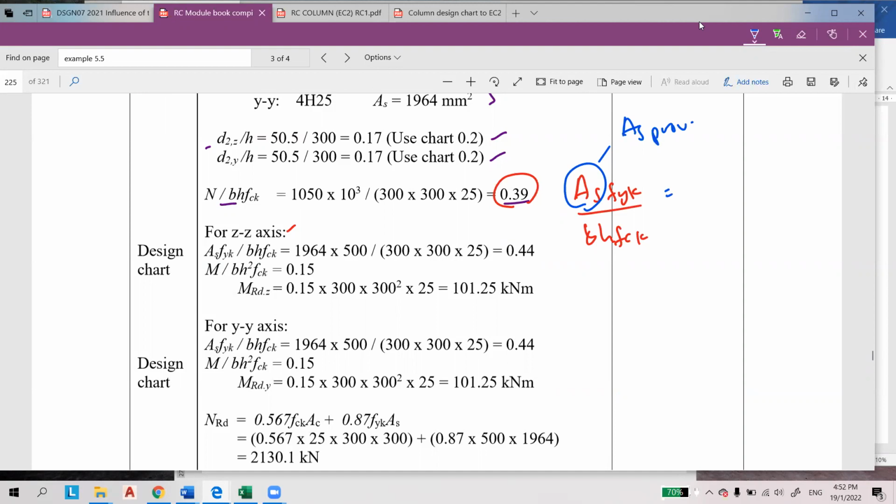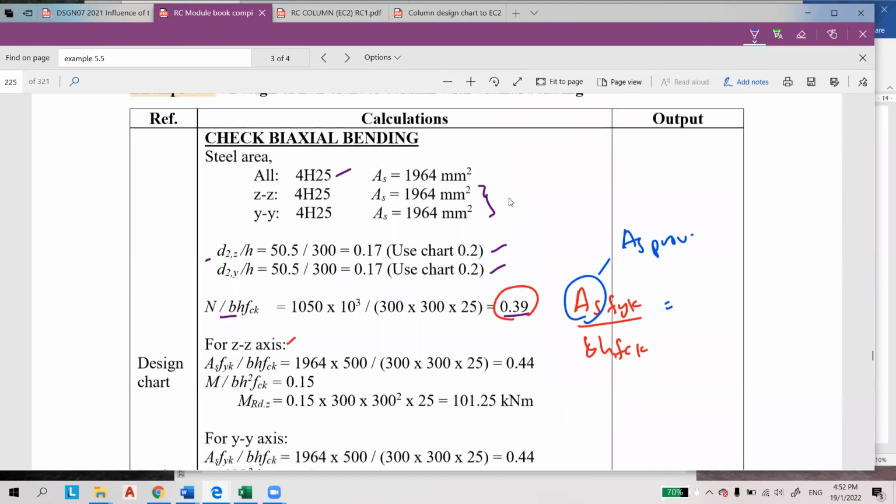So As provided is 1964, multiplied by fyk, 500, divided by b h fck, 300 times 300 times 25. So it is equal to 0.44.